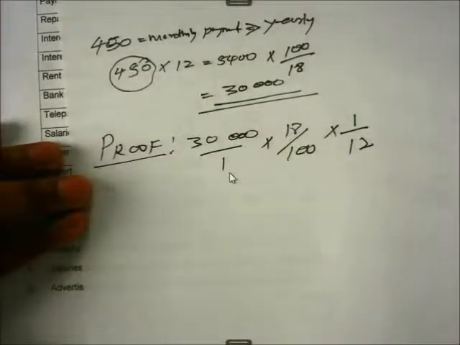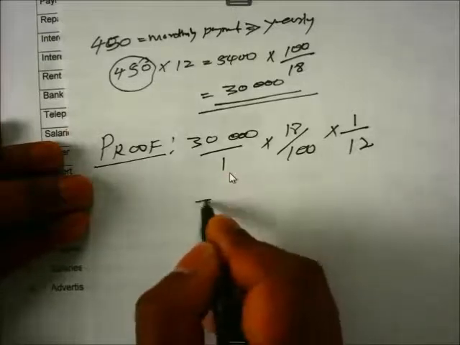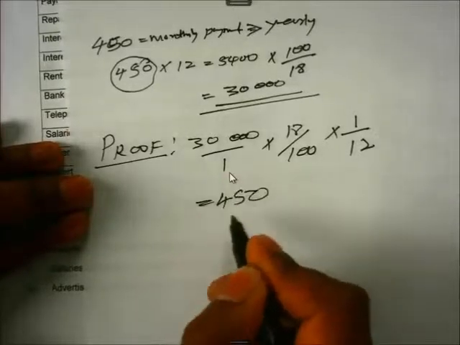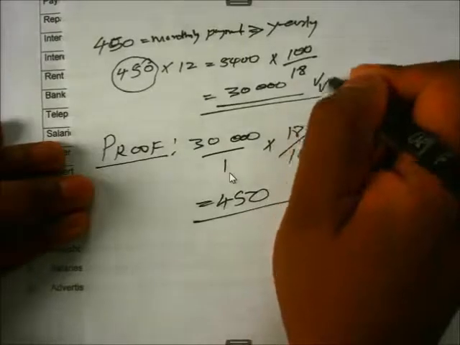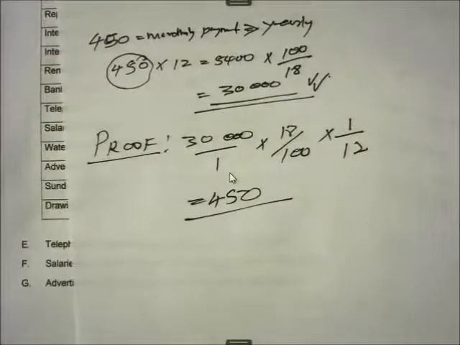Let's check. 30,000 multiplied by 18 divided by 100 divided by 12 gives us 450, which means our solution was correct.